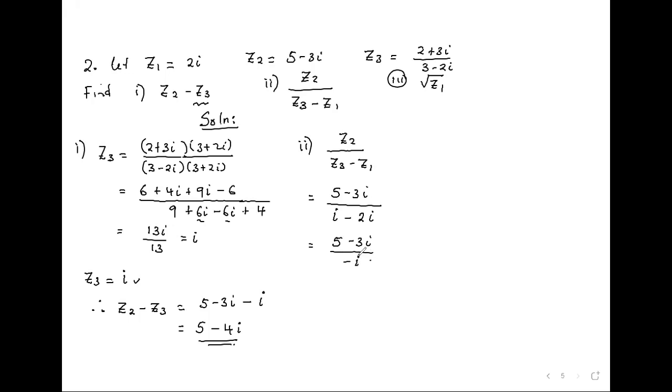To conjugate, we multiply the bottom by i and the top part by i. So we get 5i. i times i, we get negative 1 times the negative 3, so we have positive 3. Over negative i times positive i, we get positive 1. This is 3 plus 5i. Simple, like that.